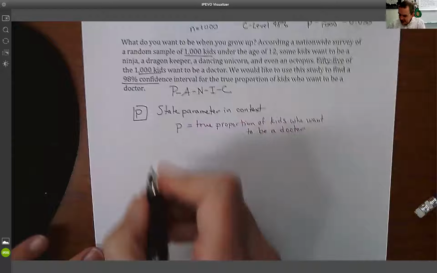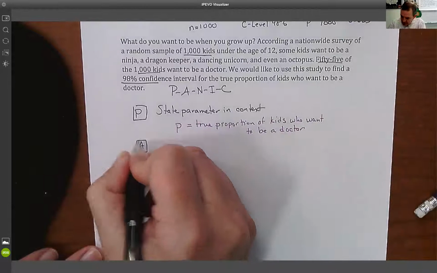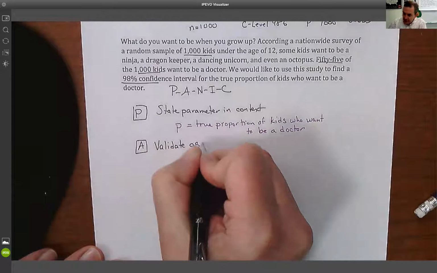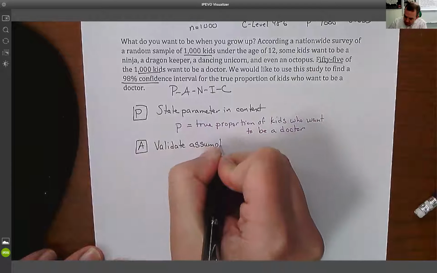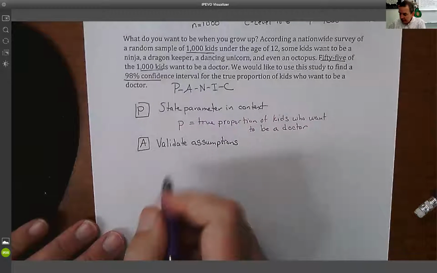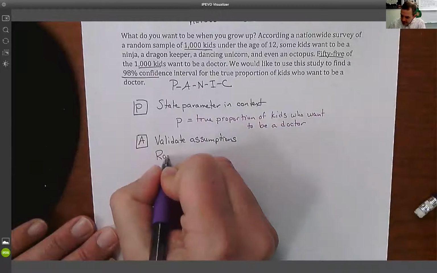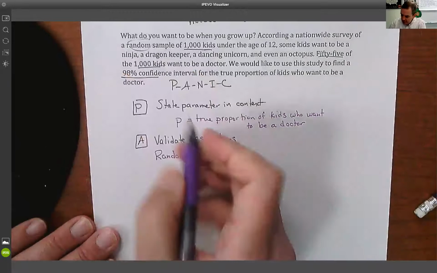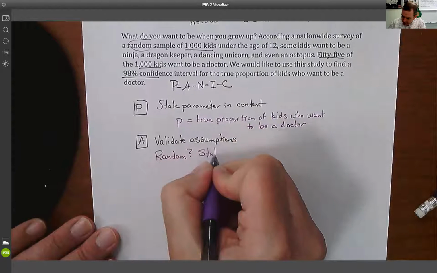The next part is A, and A stands for validate our assumptions. This is what we did in chapter 7: random, independent, normal. I need to do that every single time. So I need to validate random, and in this case, it says a random sample. It states random.